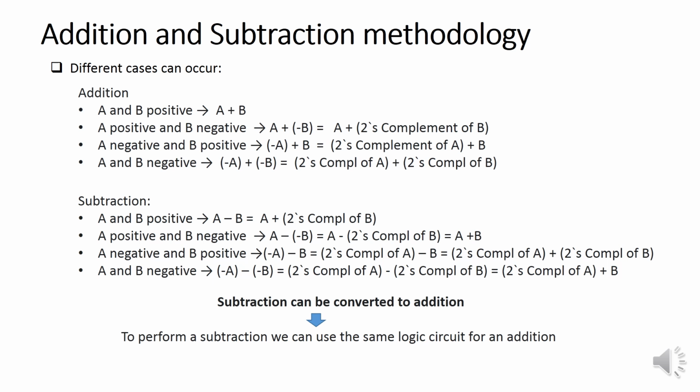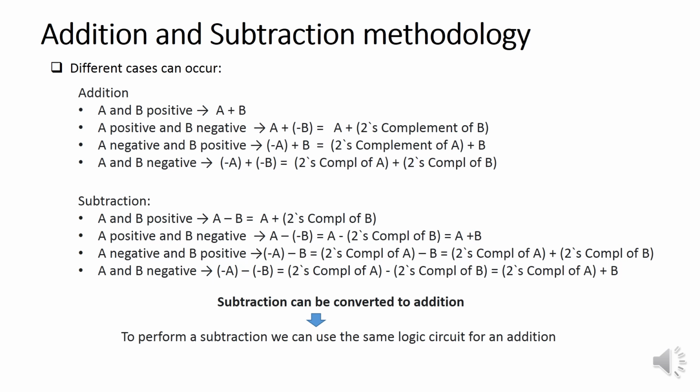With these two properties in mind, let's analyze the different cases that can occur when adding or subtracting two signed numbers a and b. This in case of addition, and this in case of subtraction.